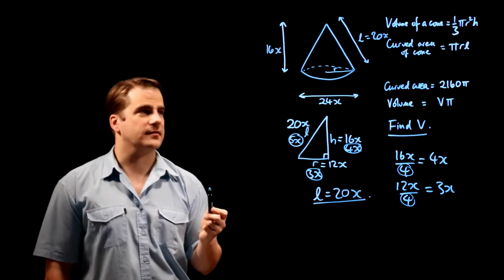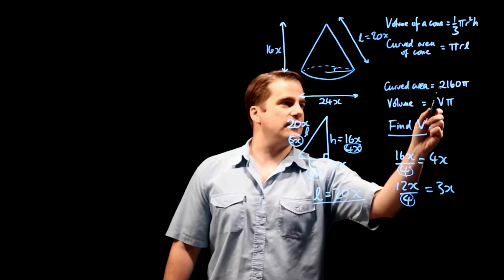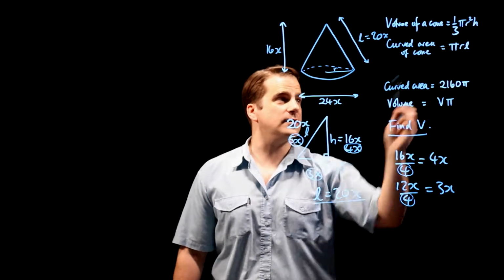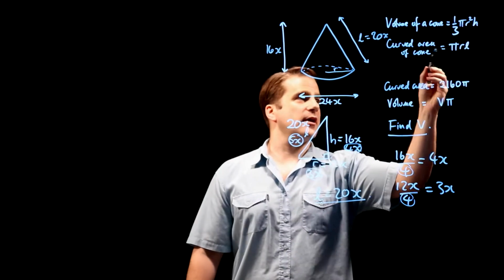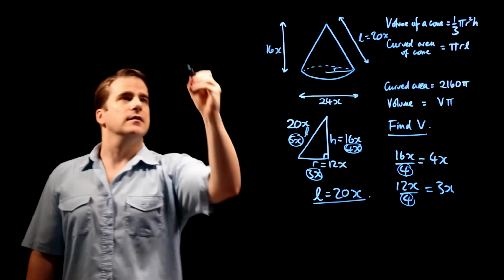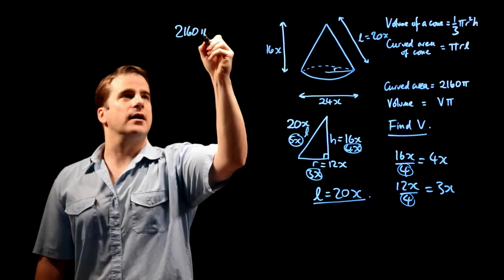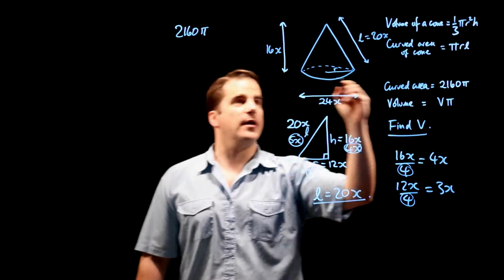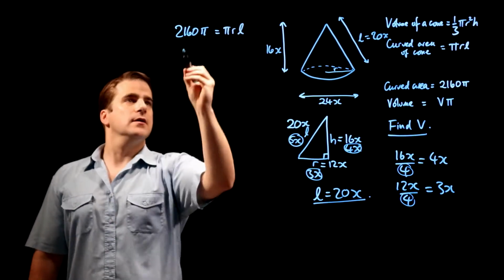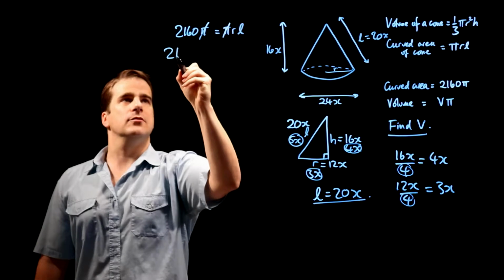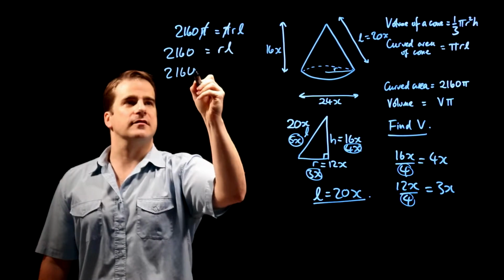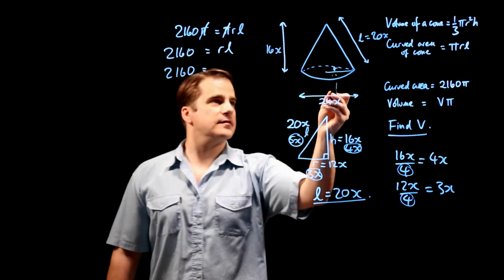Right, what next? We're told the curved area is 2160 pi, and that's equal to pi RL. Curved area is pi RL, curved area is also that, therefore that equals that. So let's see where that takes us. 2160 pi equals pi RL. Cancel the pi's. 2160 equals RL. So what's the radius?